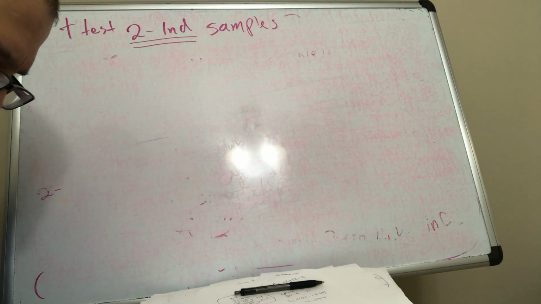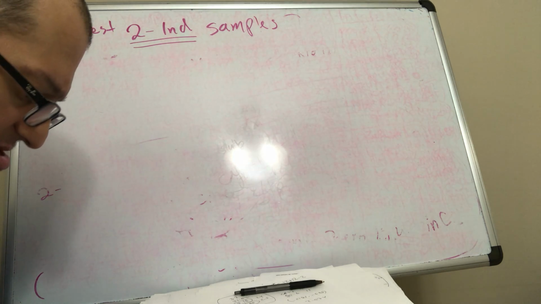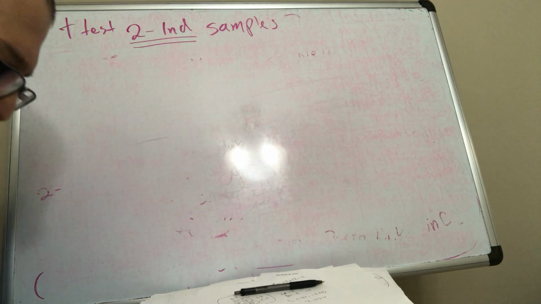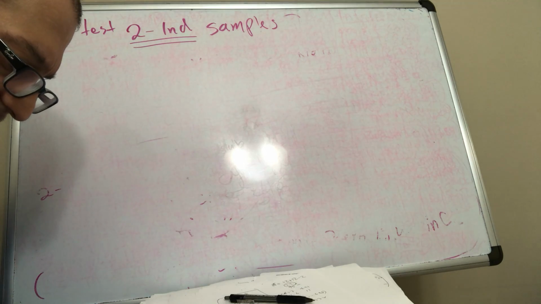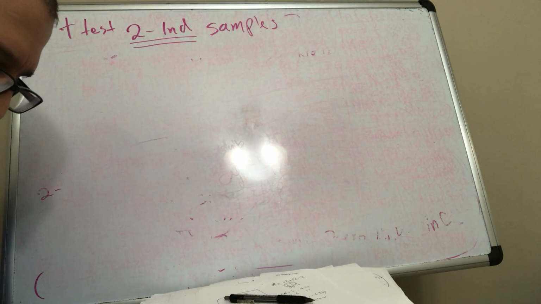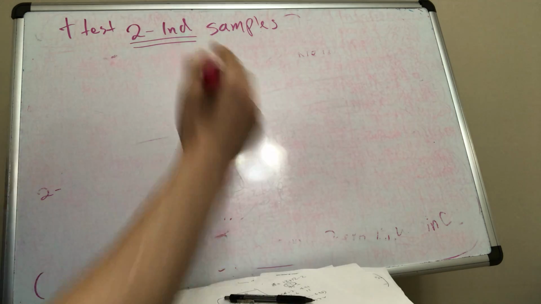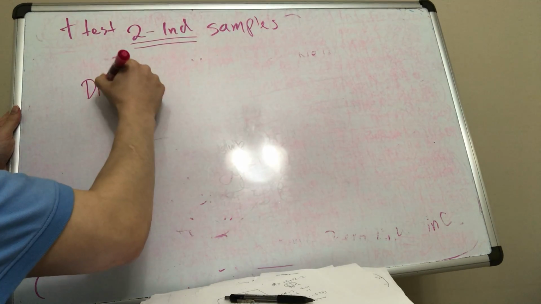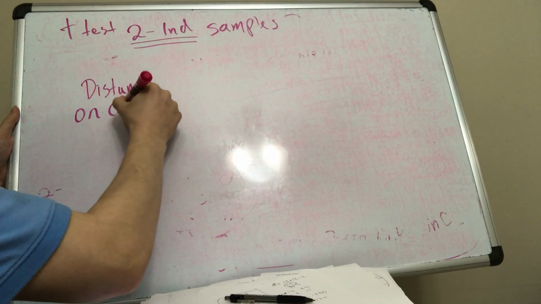Now the second question is again comparing two different groups, comparing grades on the final exam for people taking the course by distance and the people taking it on campus.